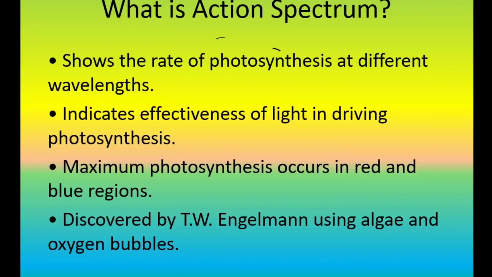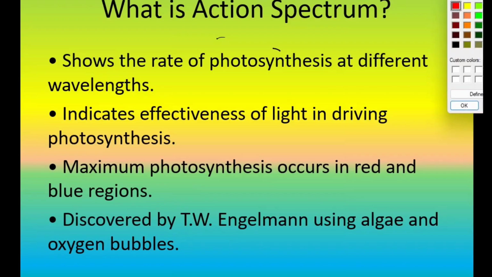Now next is the action spectrum. Action spectrum simply discusses the rate of photosynthesis. That means in which light the photosynthesis rate will be higher. In which light the higher photosynthesis takes place, that's what it means.